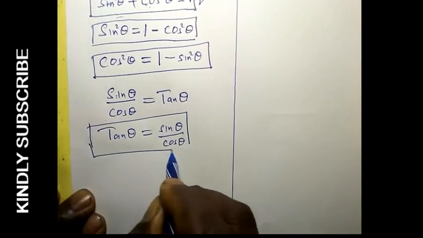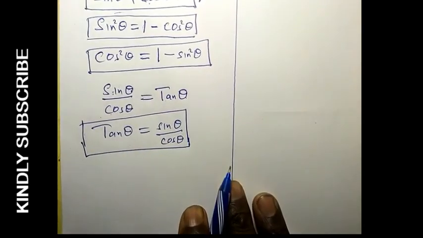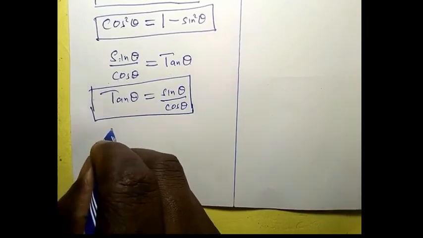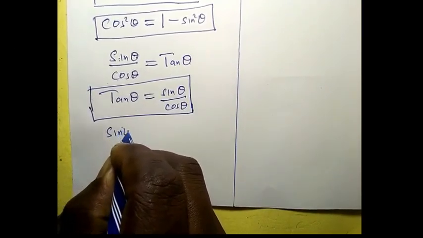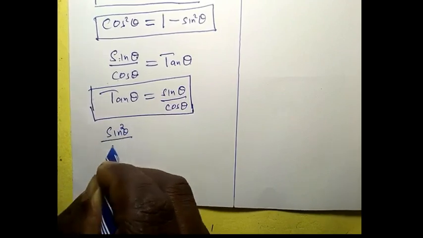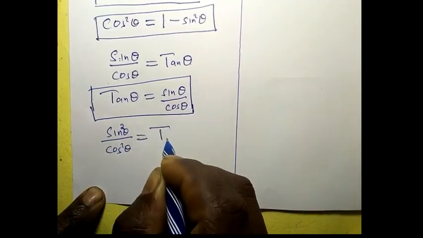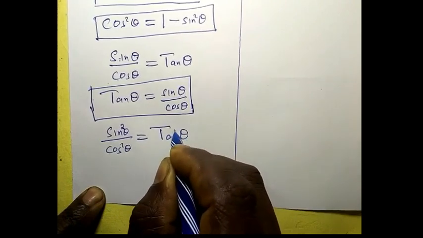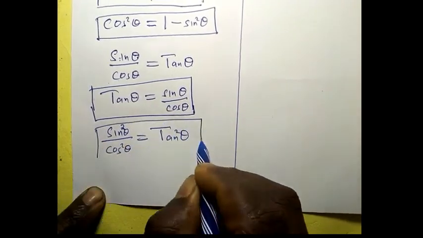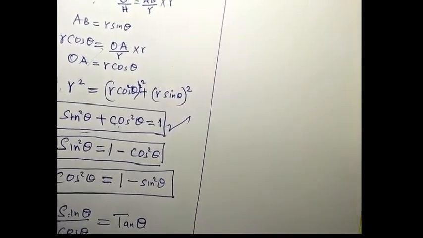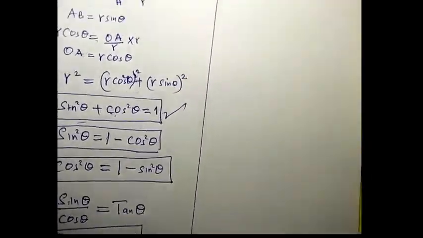Make note of that. Next, you should know that sine squared theta divided by cos squared theta will be equal to tan squared theta. Another very important equation to note. Other equations will just come as we continue.